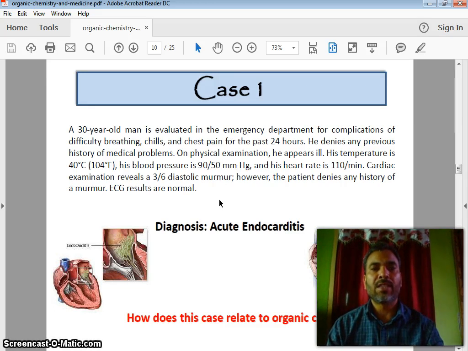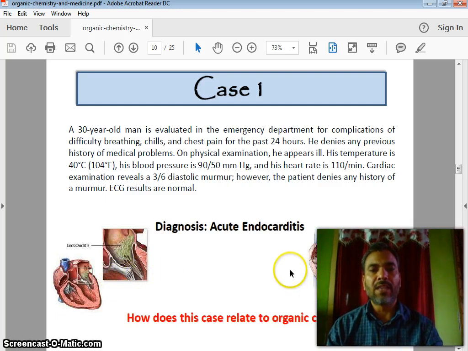His blood pressure is 90/50 mmHg and his heart rate is 110 per minute. Cardiac examination reveals a 3 by 4 diastolic murmur. However, the patient denies any history of murmur. ECG results are normal. So, diagnosis: acute endocarditis.